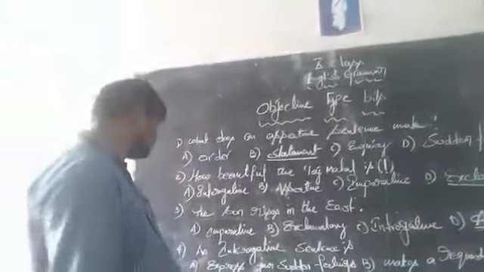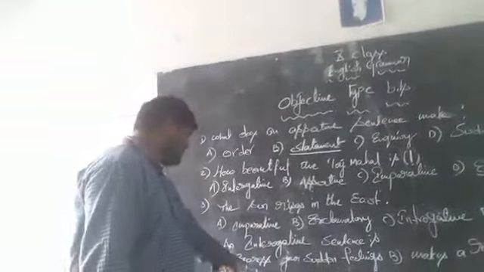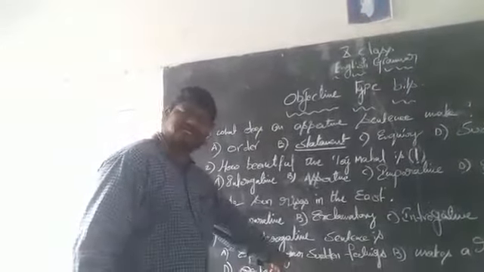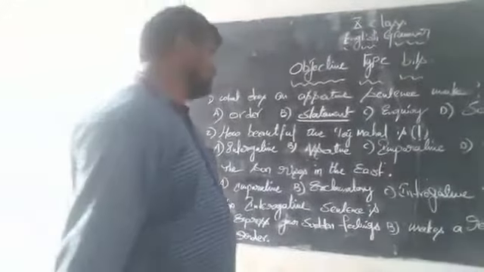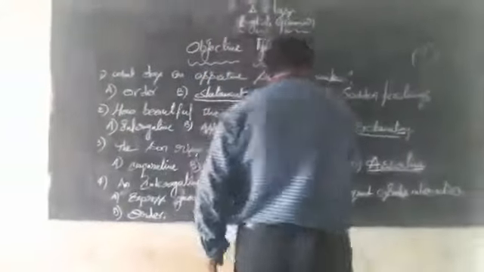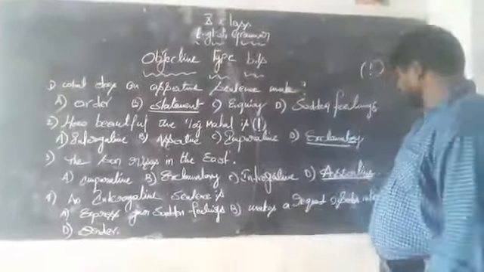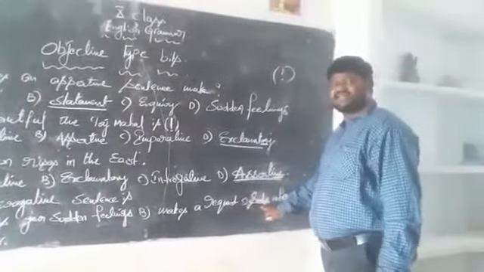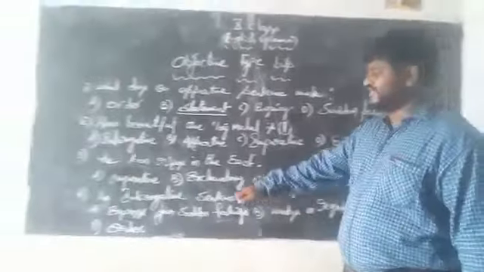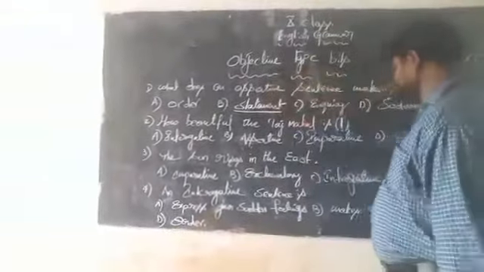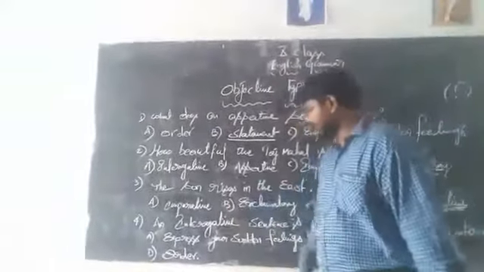Interrogative sentence. The options are here: A, express your sudden feeling; B, makes a request; C, seeks information; and D, order. Now I'm going to explain.